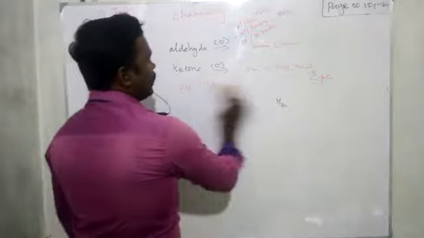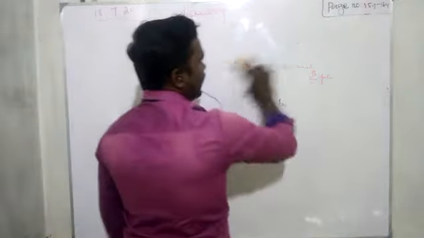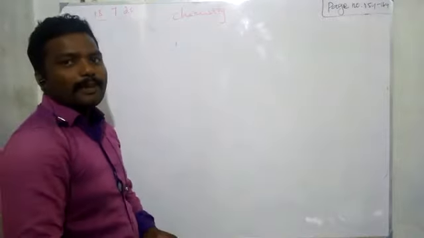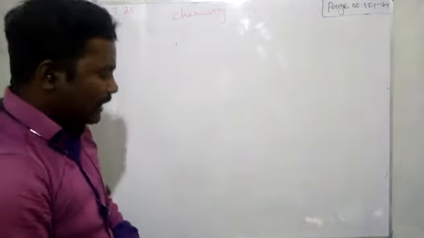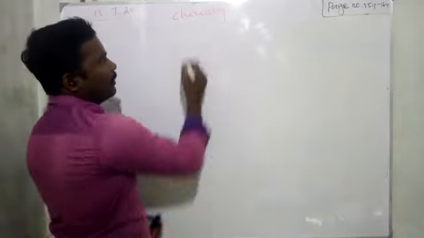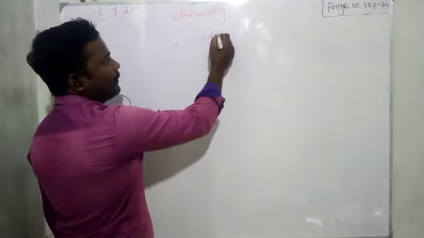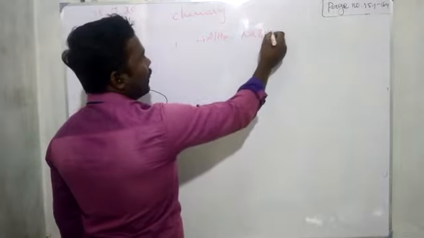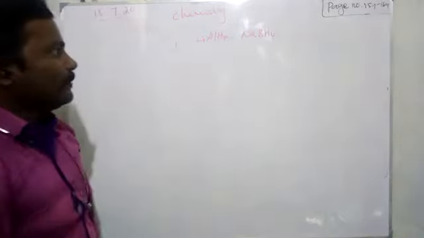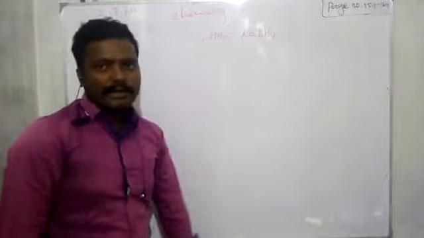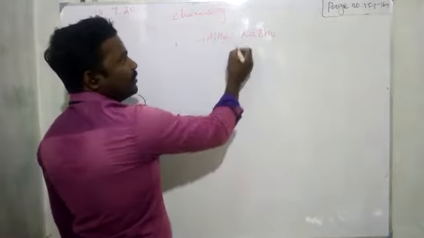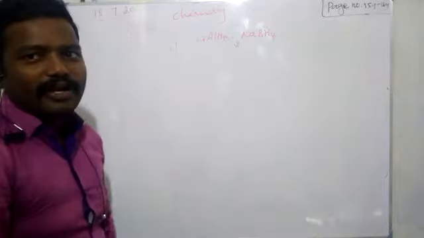Now we are going to learn about reduction of aldehydes and ketones. Reduction means, as usual, we have to use some reducing agent. Very familiar reducing agents are lithium aluminum hydride and sodium borohydride. What is the use of a reducing agent?